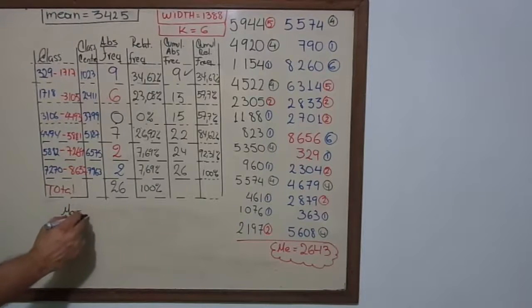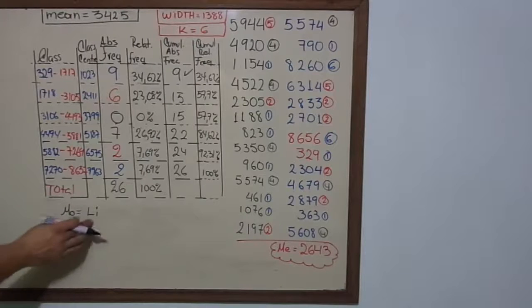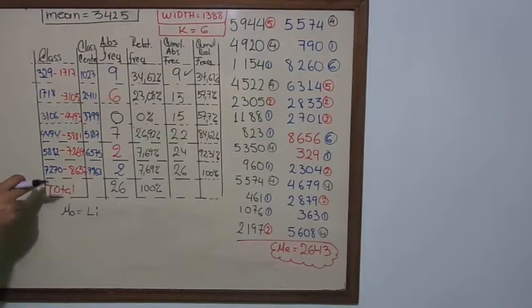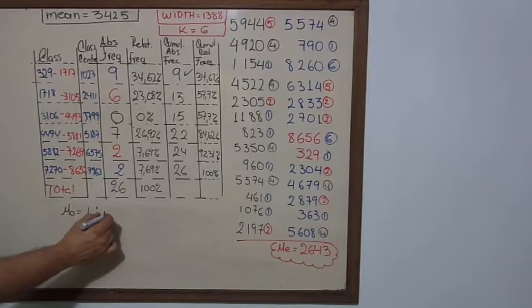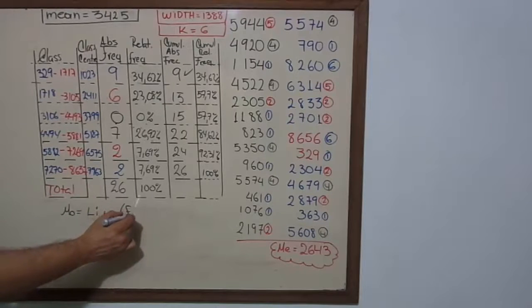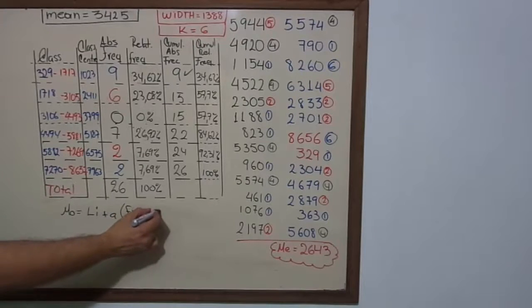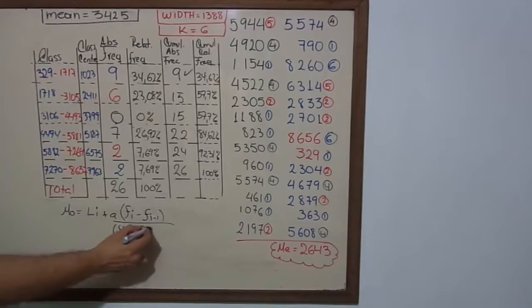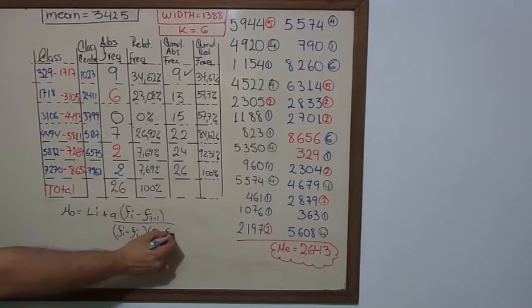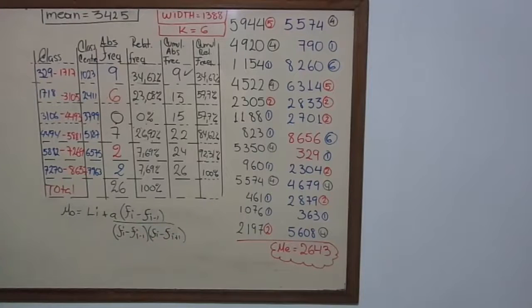The mode is equal to the lower end of the class that contains the mode plus A times the frequency of the mode minus the frequency of the class before the mode, divided by this same stuff minus the frequency that is exactly after the class that contains the mode.